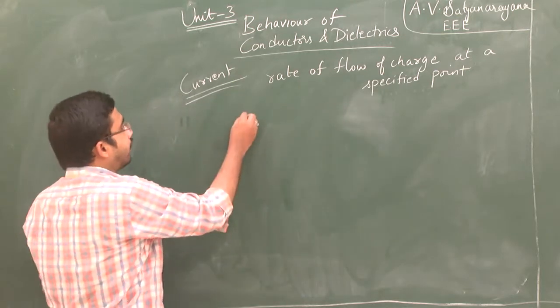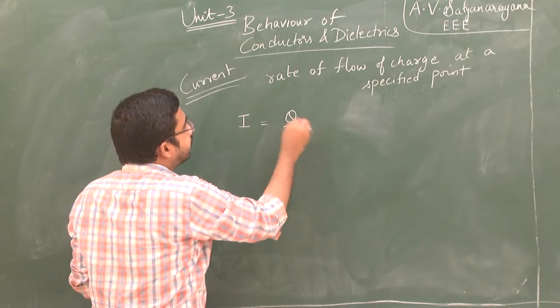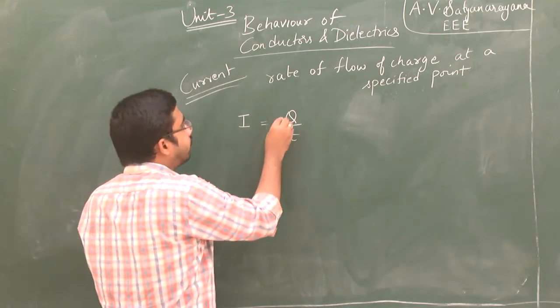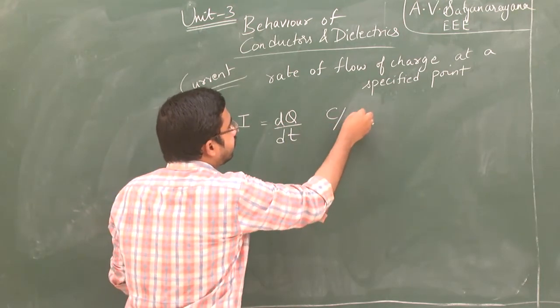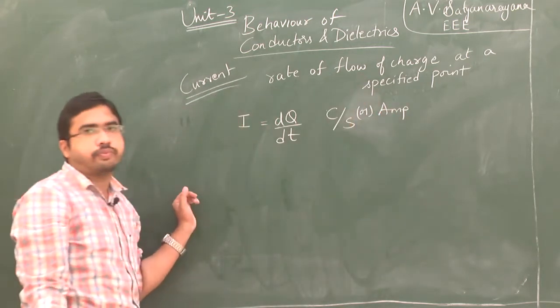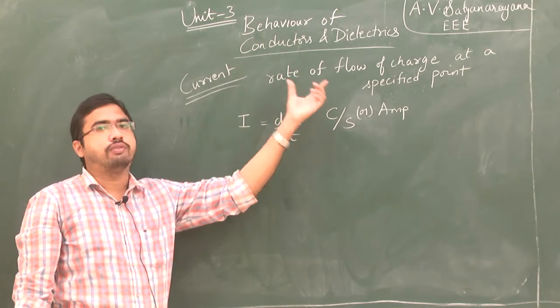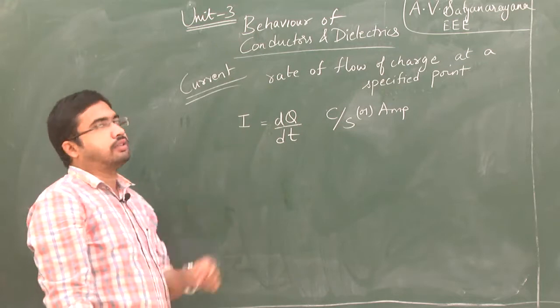That means we can write the current I as simply Q by T, or if you consider only a differential current, then dQ by dt. That is coulombs per second, or current can be expressed in amperes. So I equals dQ by dt. That means rate of flow of charge at a specified point is called current.